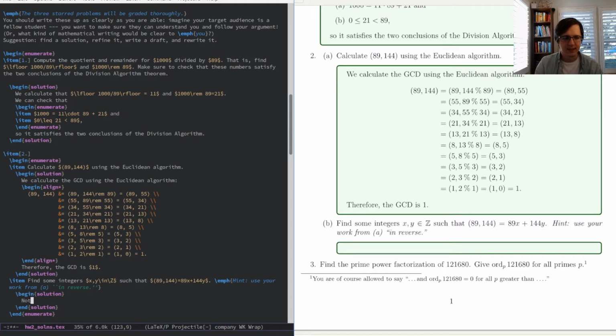So note that in each division in the above calculation, the quotient was 1.